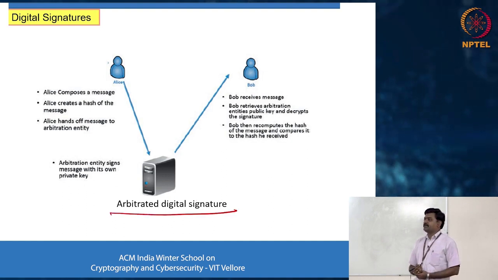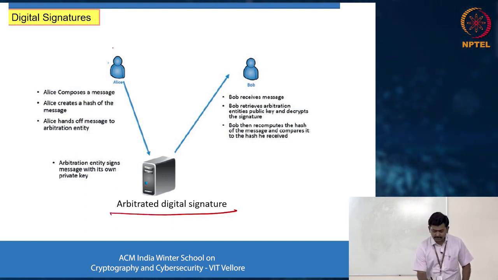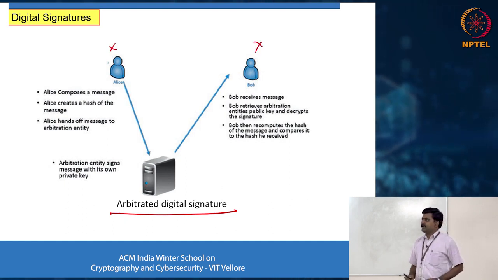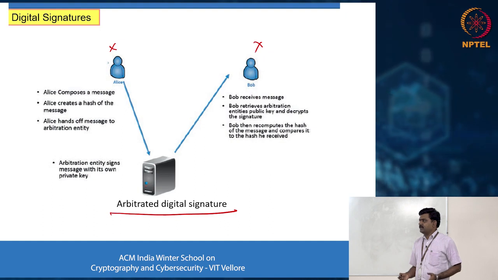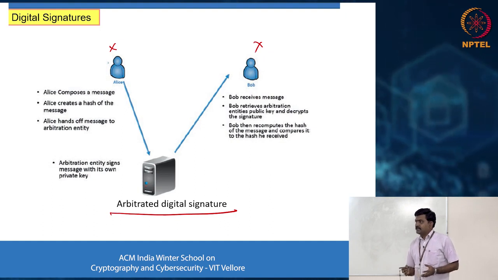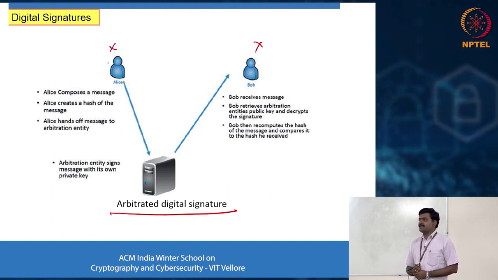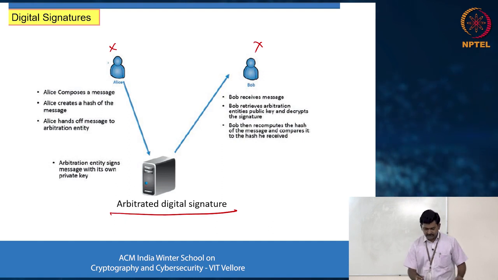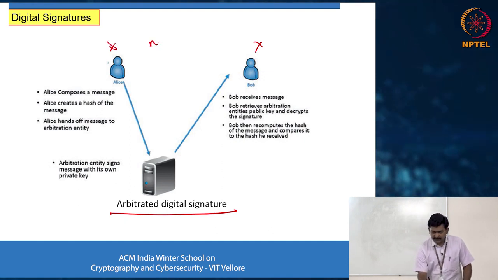What is the arbitrated digital signature? There are two people in the transaction, Alice and Bob. Alice says, look, I want to send a message to Bob, and that message Alice is not signing. Alice is taking it to an arbiter, a third party, because these two people are non-trustable. They don't trust each other.